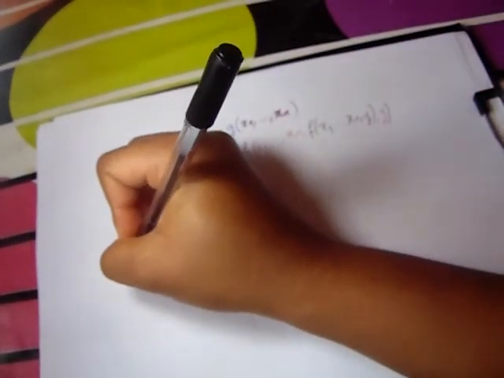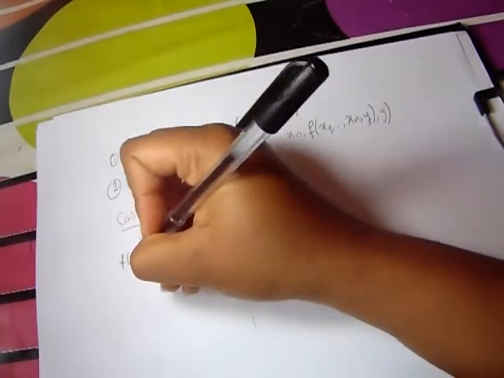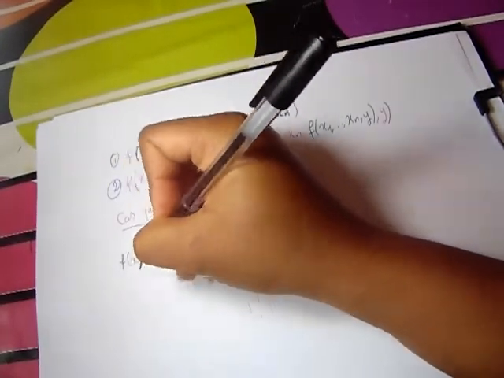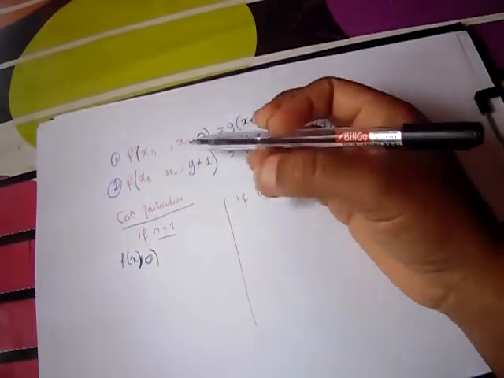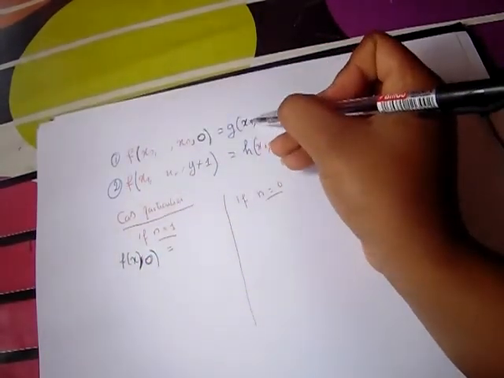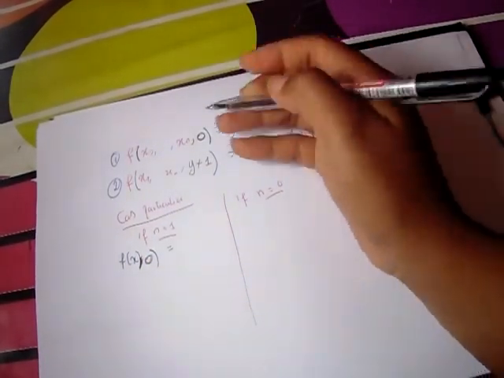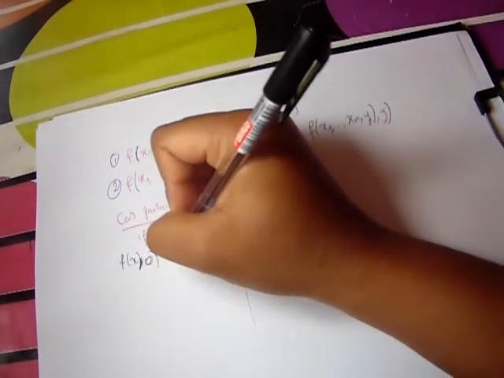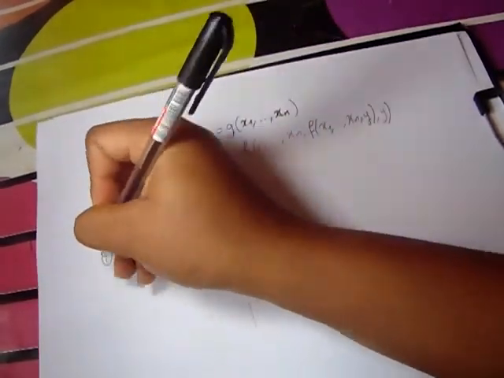So we have f of x 0, which will give us g of just x because n is 1. That's the first stage.